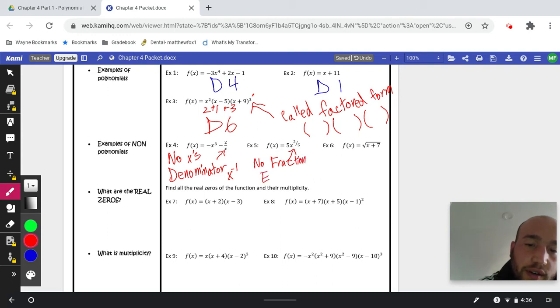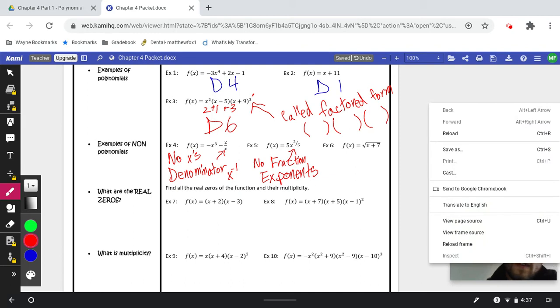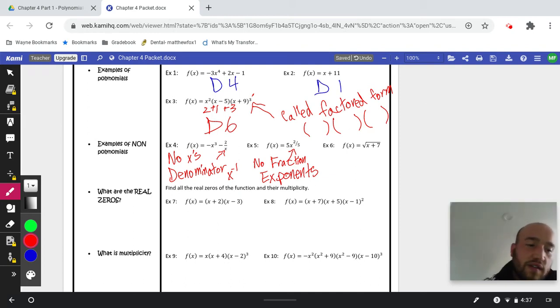Now the third one is a little tougher because I'm guessing some of you have forgotten this, but remember, another way to write this, we can have, let me do this in blue, no square roots, because a square root is the same as x plus 7 to the 1/2 power, which, as we said, we can't have. So no square roots, no cube roots, no roots of any kind, because those are fractional exponents written another way.